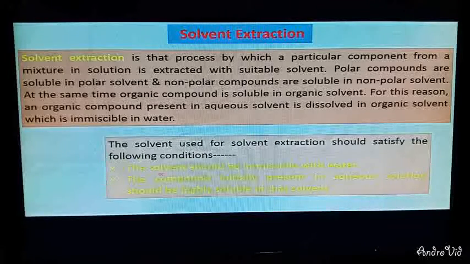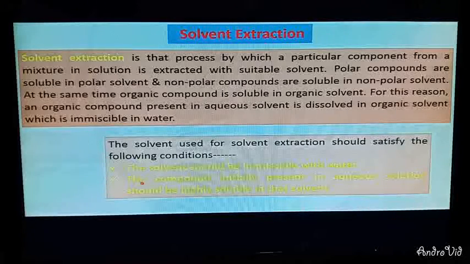First, the solvent should be immiscible with water. The solvent that can be used in solvent extraction should not be miscible with the aqueous solvent, which is water. This is the first condition.